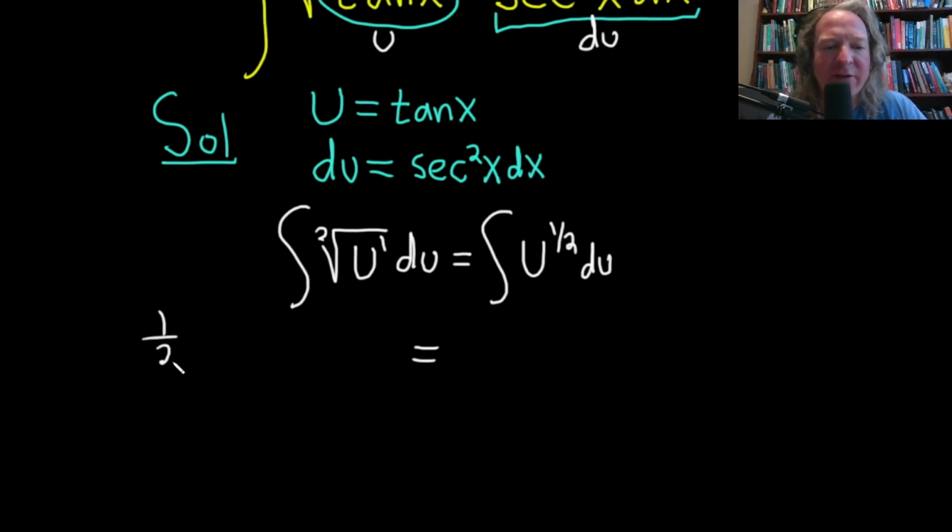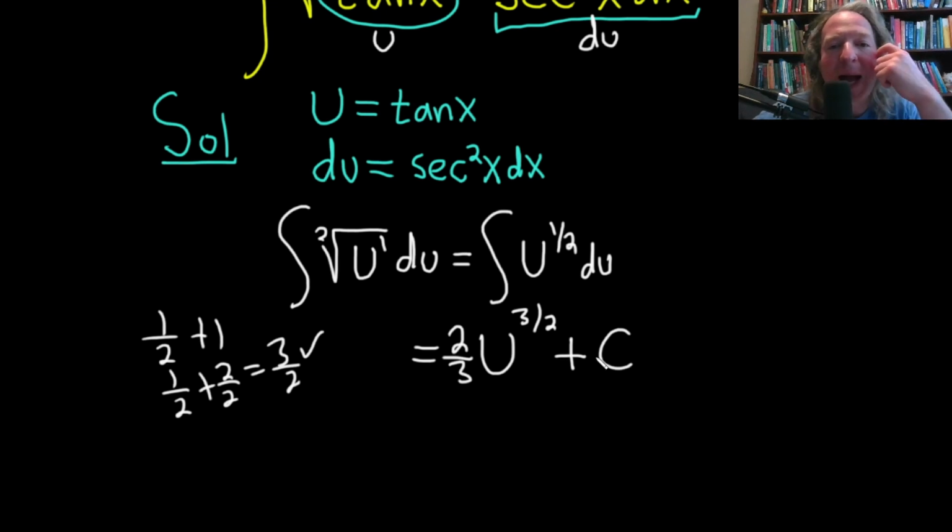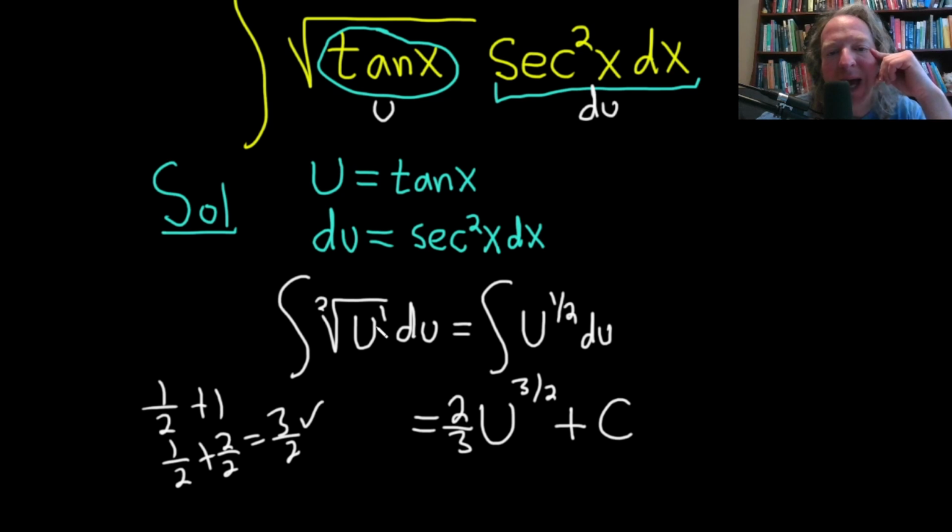Because it's 1/2 plus 1, which is 1/2 plus 2/2, which is 3/2. Boom. So this is going to be u to the 3/2, and then you divide by 3/2. But instead of dividing by 3/2, we can multiply by the reciprocal. Same thing. And then plus c. Almost done. We have to go back to our original variable, which was x.